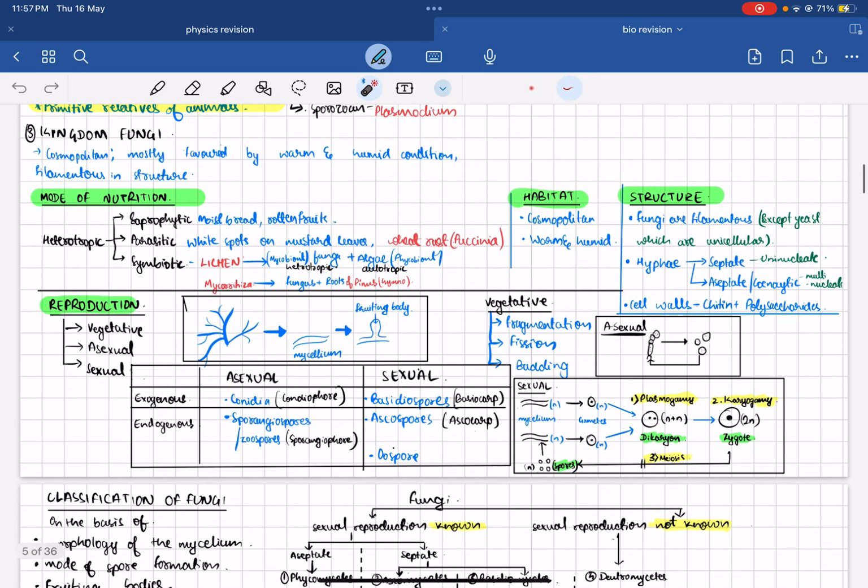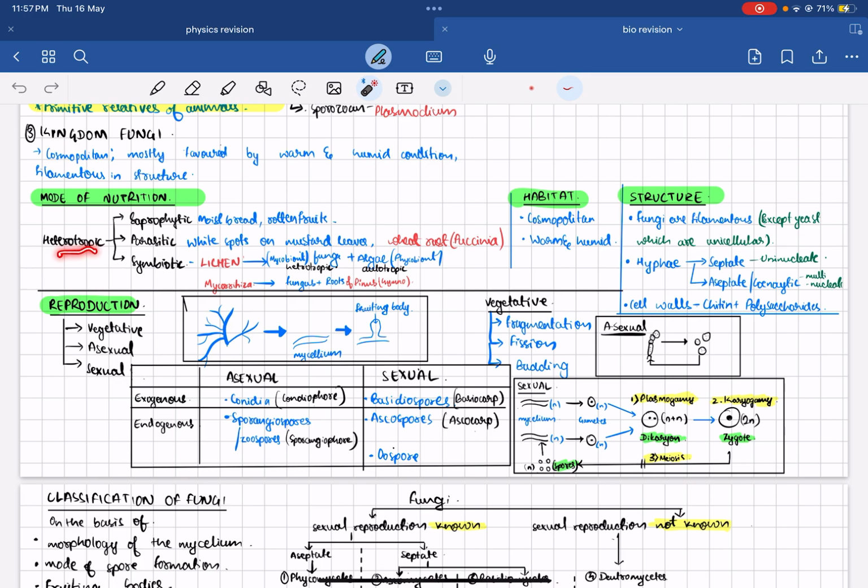Next comes kingdom Fungi. These are cosmopolitan, mostly favored by warm and humid conditions like marshy areas where they can grow, like bread mold or fungal filaments like mushrooms and many other fungi.